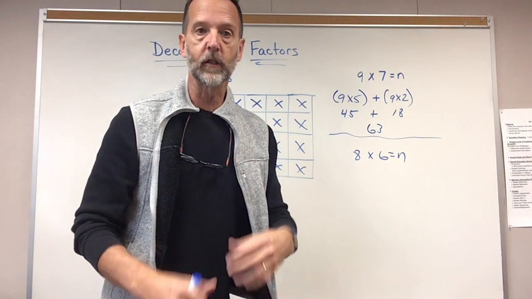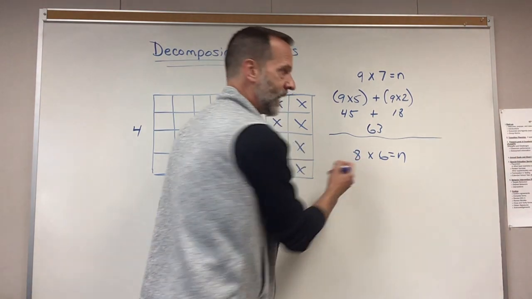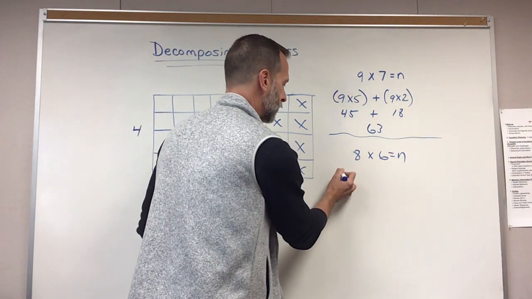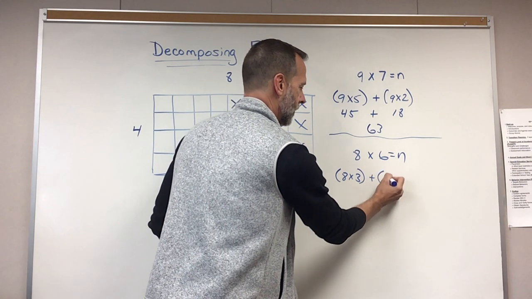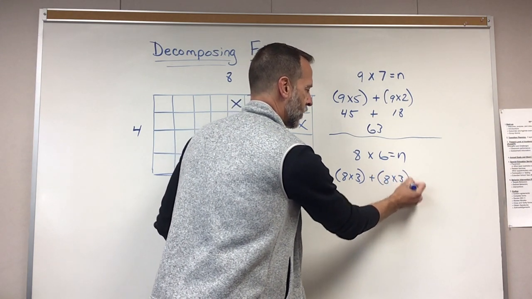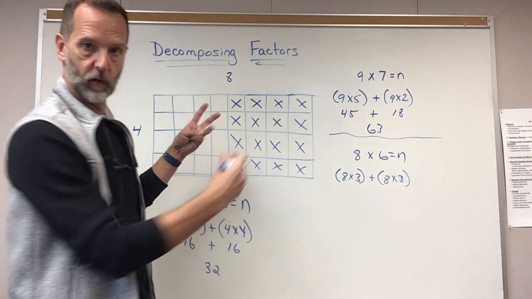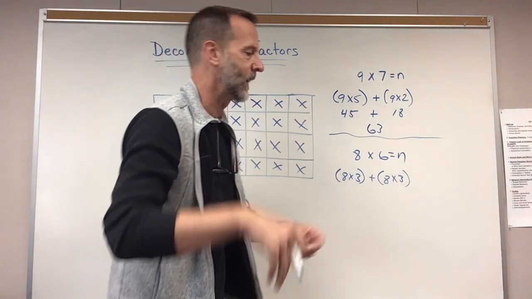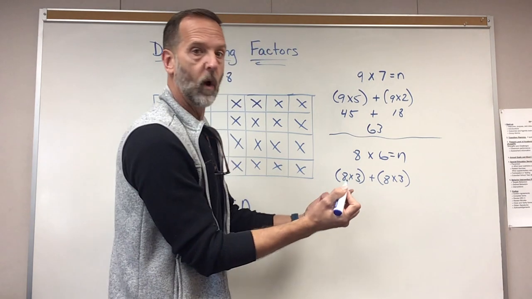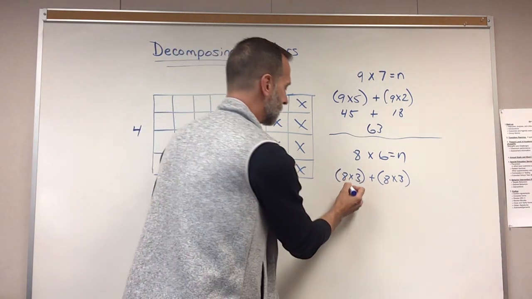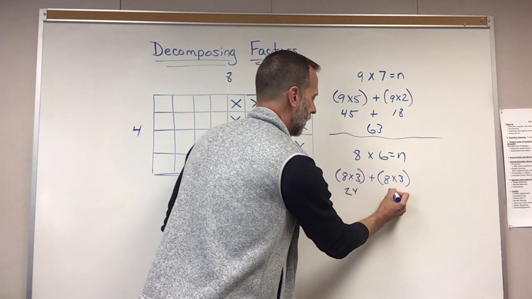Let's break up 6 into 3 and 3. The 8 is still going to be the same. So the first one will be 8 times 3 plus 8 times 3, right? Because you're going to shade part of the picture, you get it. All right, 8 times 3, we only have to figure out once now, right? If you know your times 3s, 8 times 3, 24.